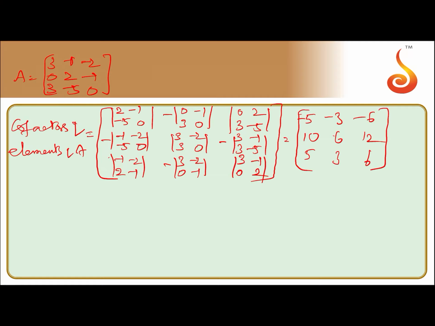And of course, the transpose of this one is nothing but the adjoint matrix. Adjoint A is nothing but the cofactor matrix transpose. Now, we need to find what exactly the consistency of this one.